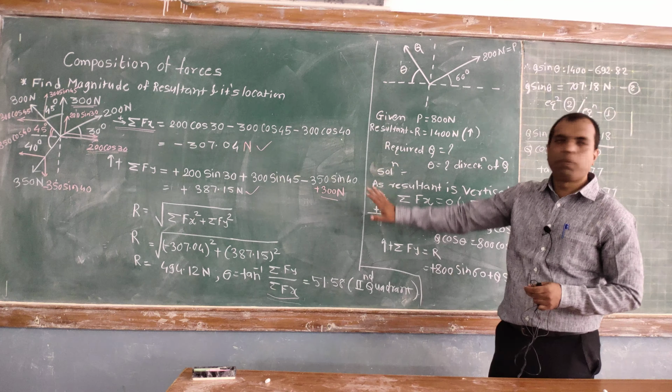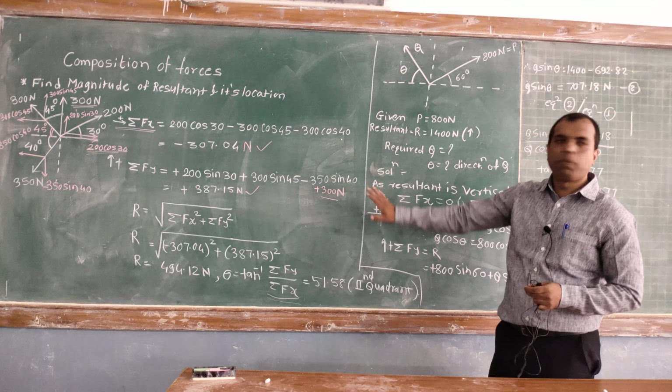So this is a problem to find the composition, that is, we found the resultant of the system of forces by resolving the forces and taking their algebraic summation. Then the next problem we are going to solve is different compared to this. In this problem, the resultant is given and they have asked you to find the value of its component, that is Q, and the angle made by this force Q with respect to horizontal.